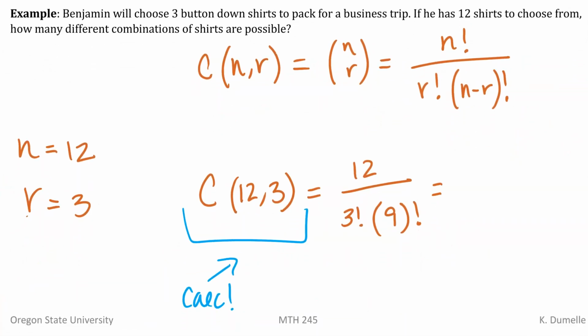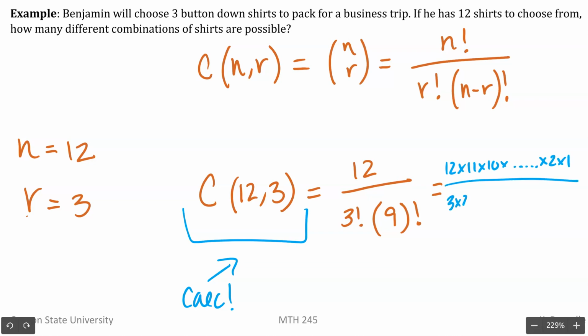So 12 factorial is going to be 12 times 11 times 10 times, I'm not going to write it all, times 2 times 1, divided by 3 factorial, which is 3 times 2 times 1. And then we have another factorial, which is 9 times 8 times 7, not going to write it all, times 2 times 1.